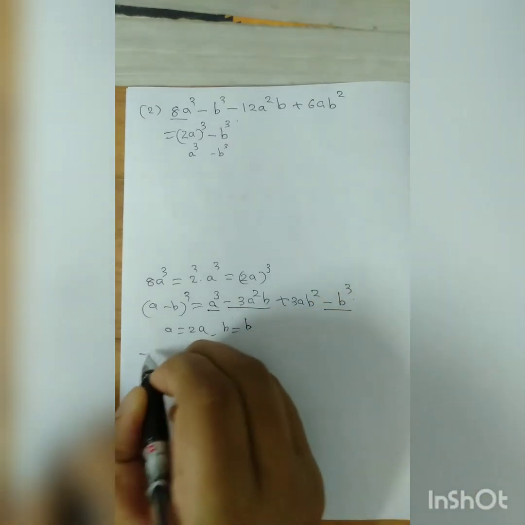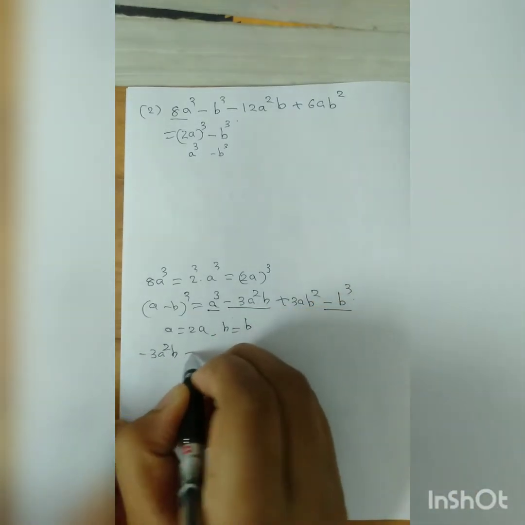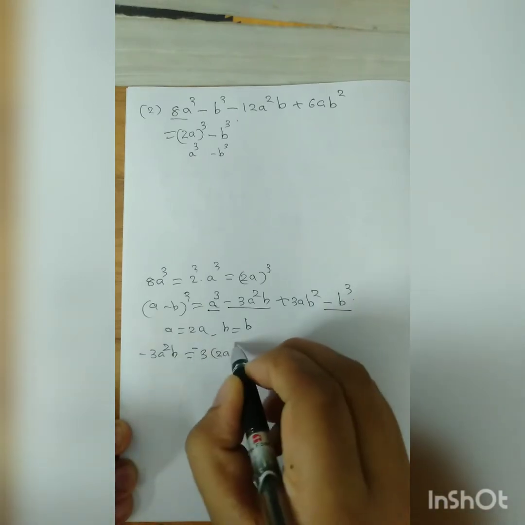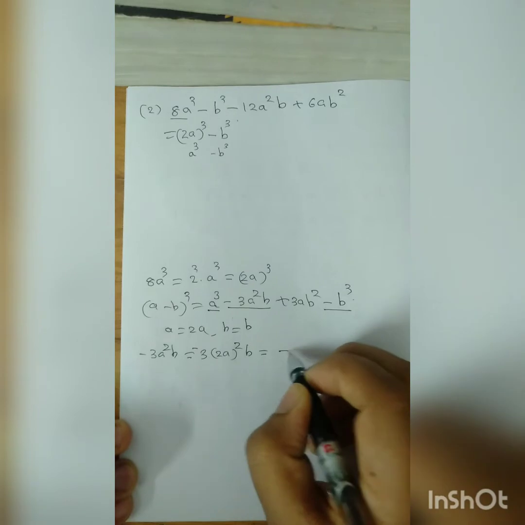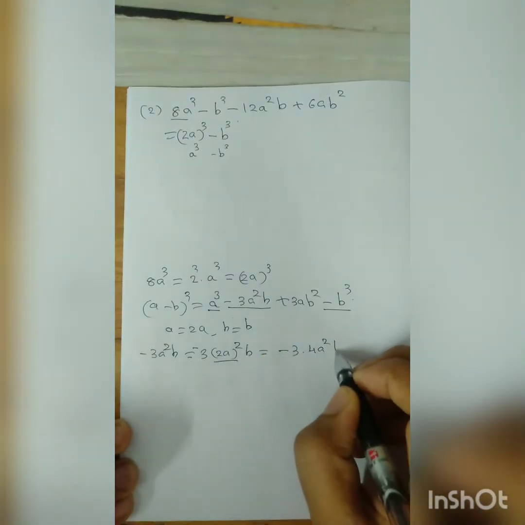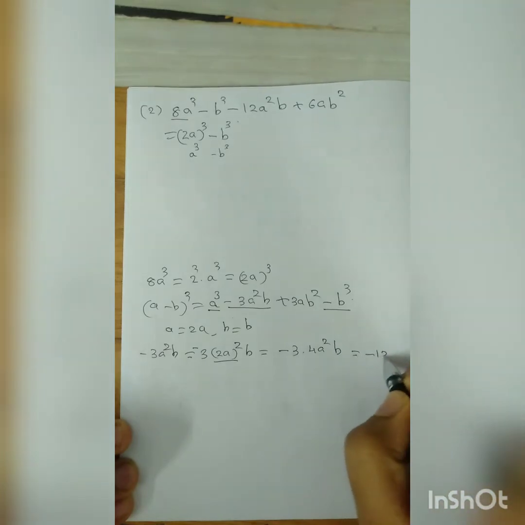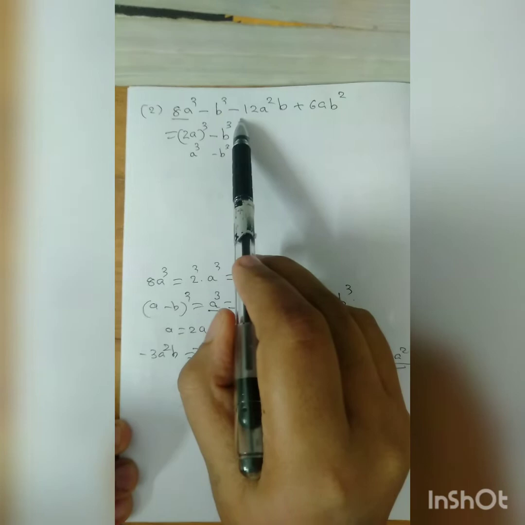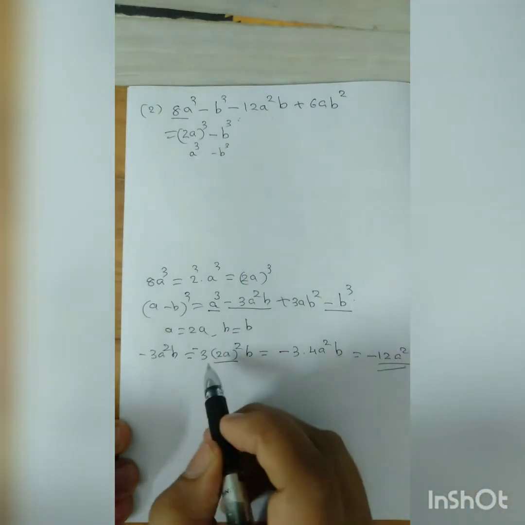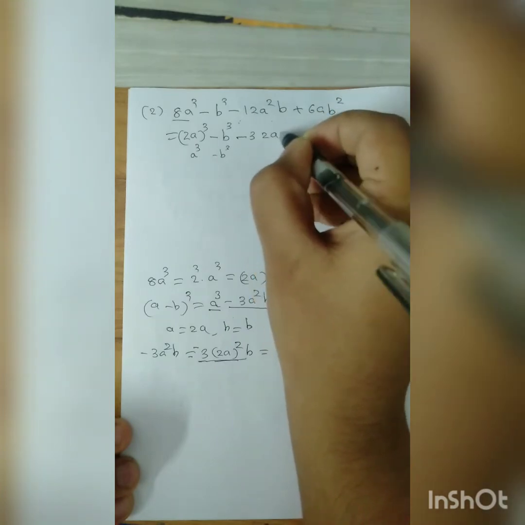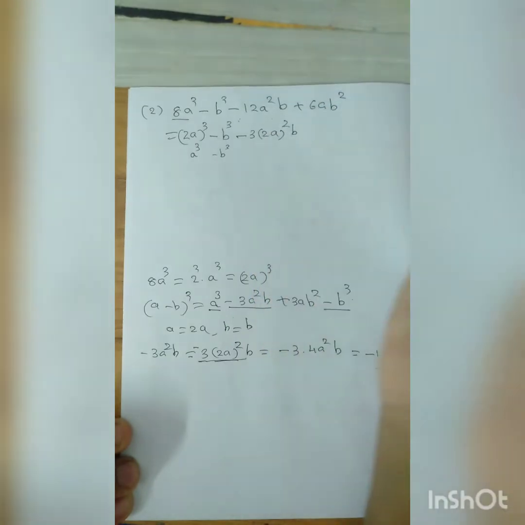Then consider minus 3a square b, which is equal to minus 3 into (2a) square into b, which is equal to minus 3 into 4a square into b, which is equal to minus 12a square b. So the term minus 12a square b can be written as minus 3 into (2a) square into b.